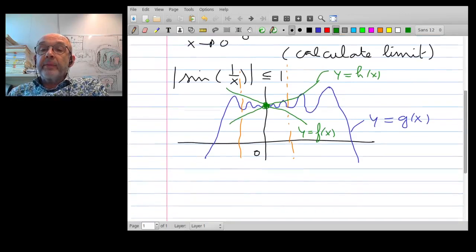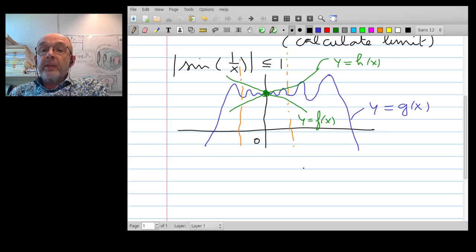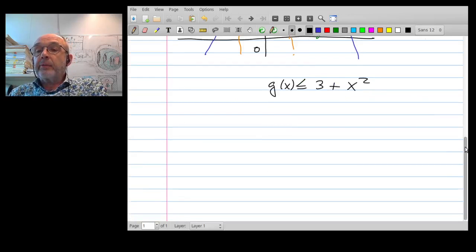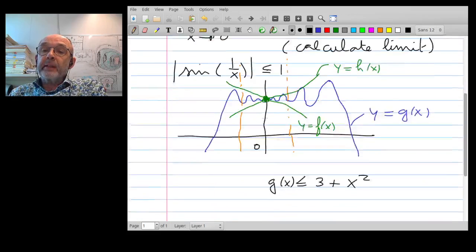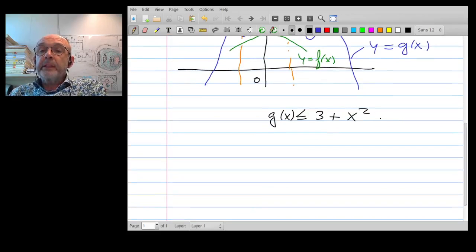Now, I think that for the upper limit we can take 3 plus x squared. If the sine of 1 over x is constantly -1, then we have 3 plus x squared. I think this is a nice upper boundary.